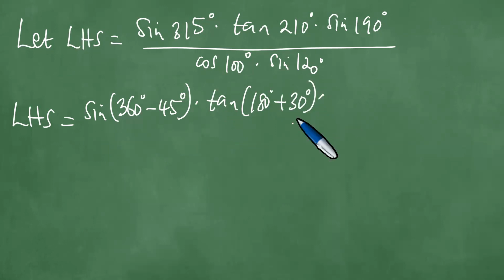What about sine 190? How do we reduce that one, Tando? Because we said 315, it's easy: 360 minus 45. And 210 is 180 plus 30. Then what about 190? 180 plus 10.